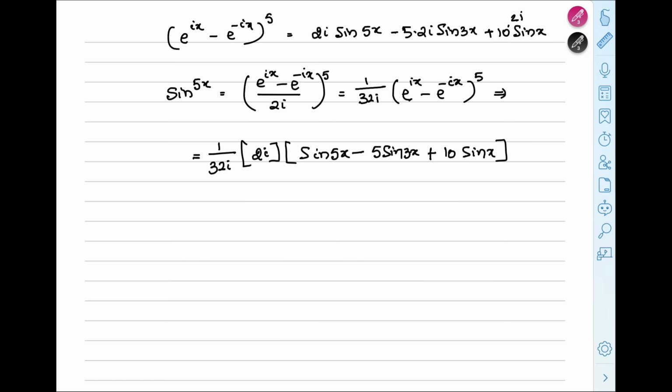When you divide 2i with 32i, it will be 16. 2i gets cancelled, 16 will be the answer. That is equal to 1 by 16 into sin 5x minus 5 into sin 3x plus 10 into sin x. This is the value of sin to the power of 5x.